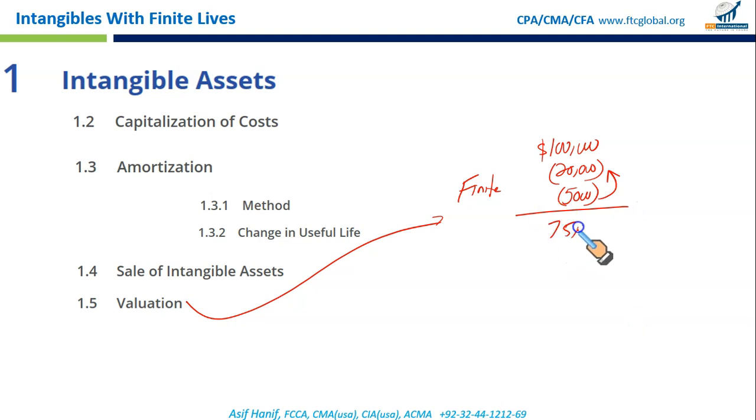So this is the net carrying amount or the book value, right? If the intangible has a finite life. If it has indefinite life, in that case we report the original cost less any impairment, let's say $30,000. So it's $70,000. This is the carrying value of the intangible with indefinite life.